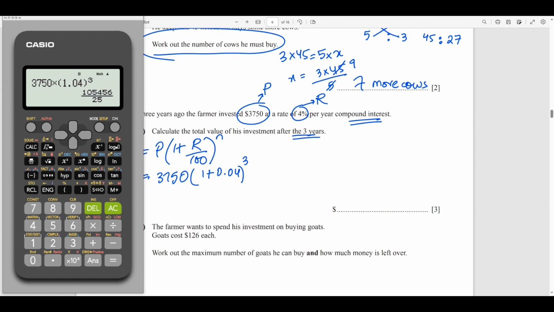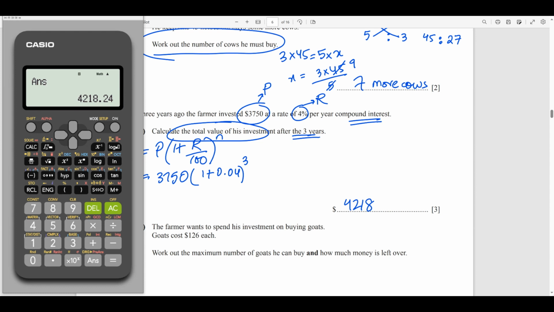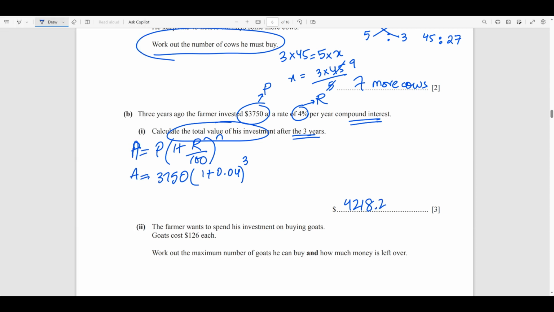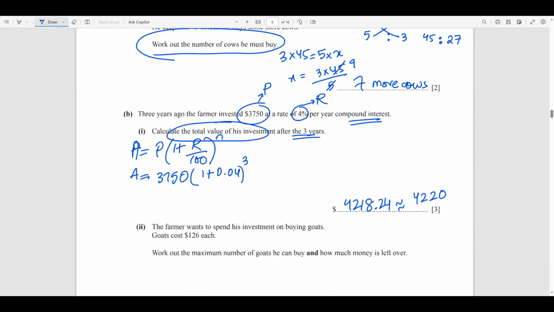So the amount is 4218, and that's the total value of its investment. 4218.24, or if you want to round it off to three significant figures, you can write it as 4220, right? But let's see the answer. 4218.24. Yeah, okay, correct answer. So, okay, this is fine. Let's obsolete this.